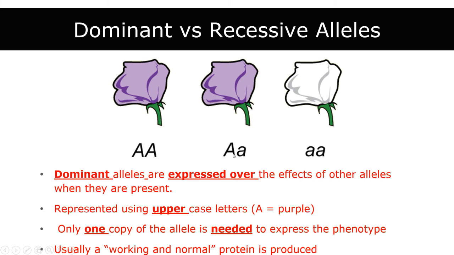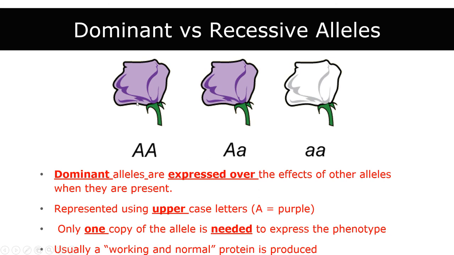So when we had this fight between the big and the little allele, the dominant one, the big one, won out. If the dominant allele gives purple, you only need one version of that allele to get the dominant phenotype. You might remember way back when I talked about how mutations typically break a gene.